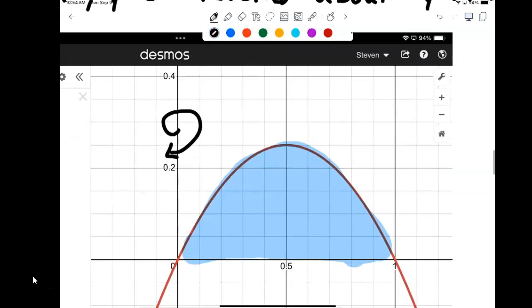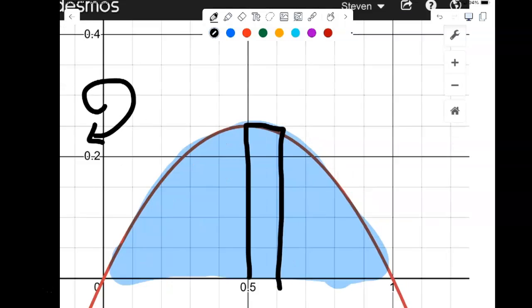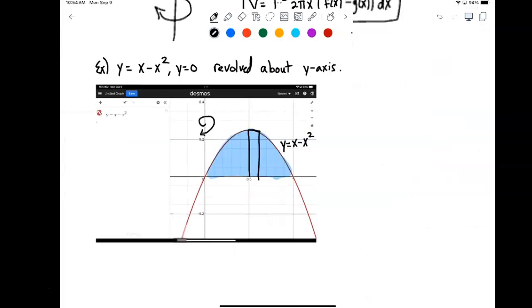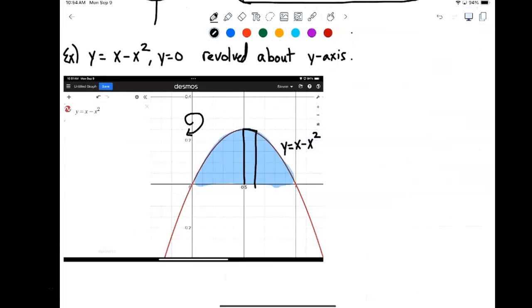So we run parallel to the axis. That's the difference between shells and washers. The shells run parallel. And again, we're looking at the height of that piece, which is our function y equals x minus x squared. And then we use our shell formula.